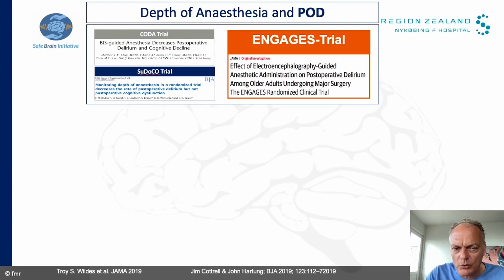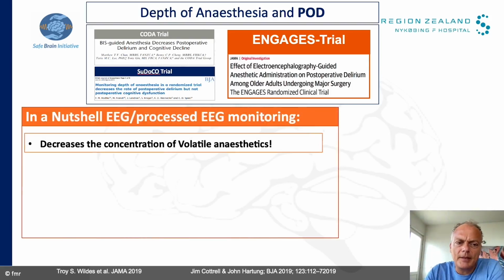Now, a newer randomized controlled trial from 2019, the so-called ENGAGES trial, is very similar to the other two, slightly different in the patient collective. There was also cardiac anesthesia involved, but otherwise also patients over 65 and general anesthesia. What the ENGAGES trial found, and this is very important, confirms the results from the CODA trial: EEG monitoring helps in decreasing the amount of anesthetics used, in this case only volatile anesthetics, because they only used volatile anesthetics.